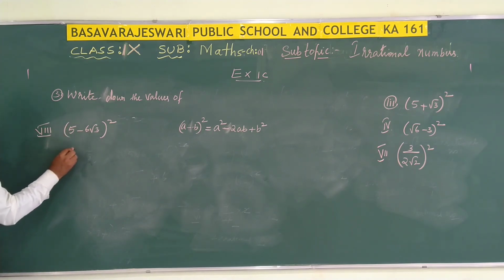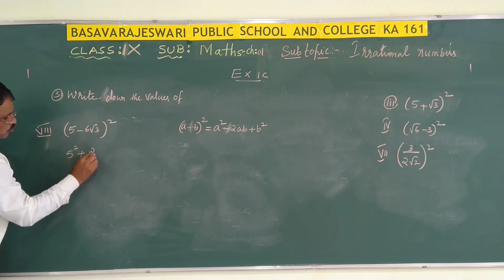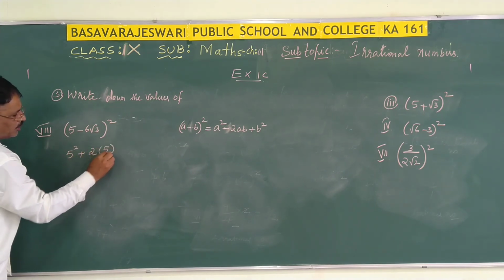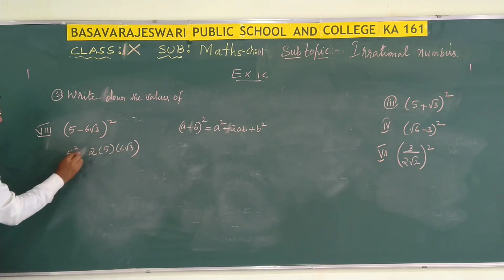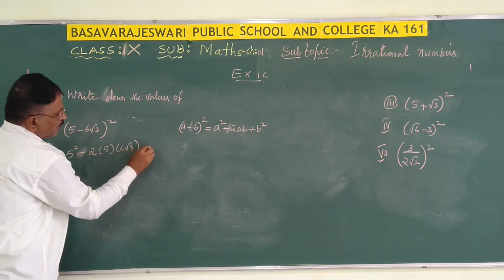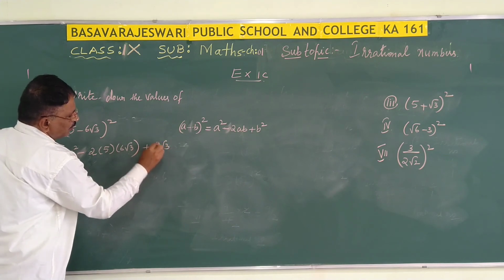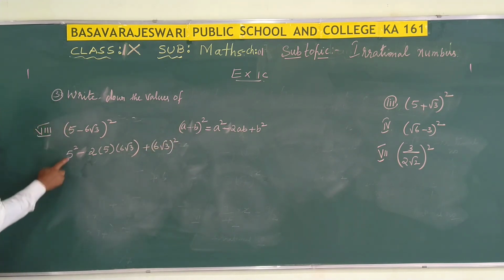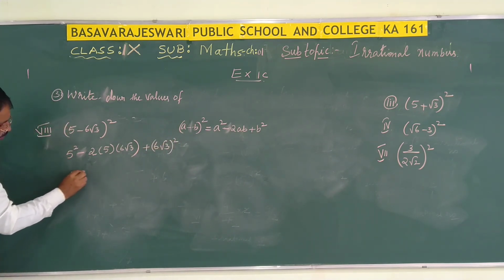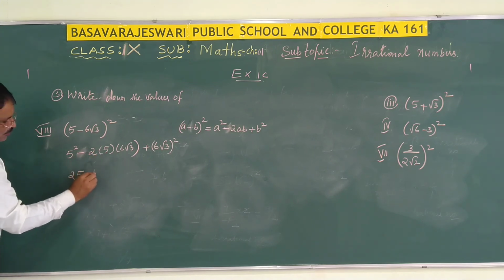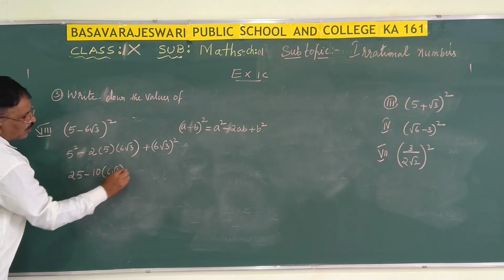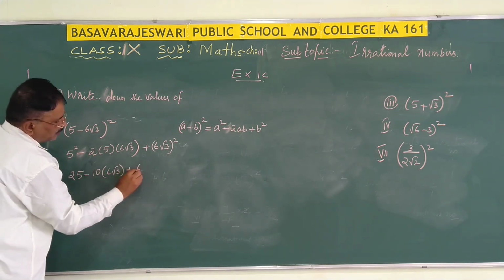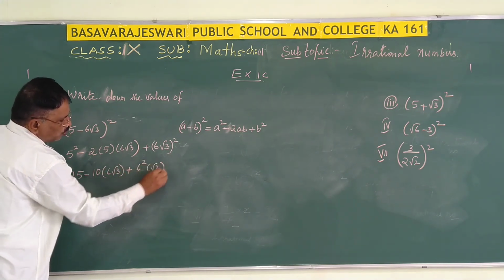So a square plus, sorry, minus 2 times a into b plus b square. Now 5 square is 25, minus 2 times 5 is 10 into 6 root 3, plus 6 root 3 whole square.